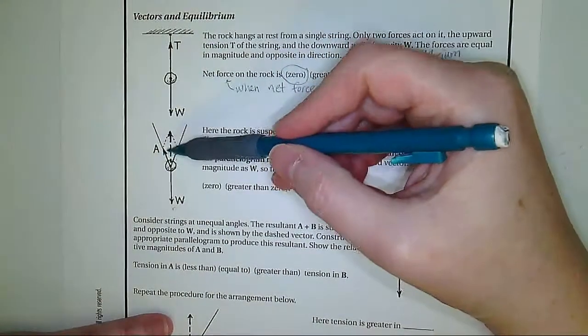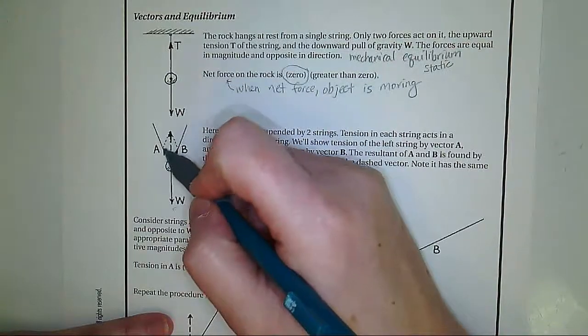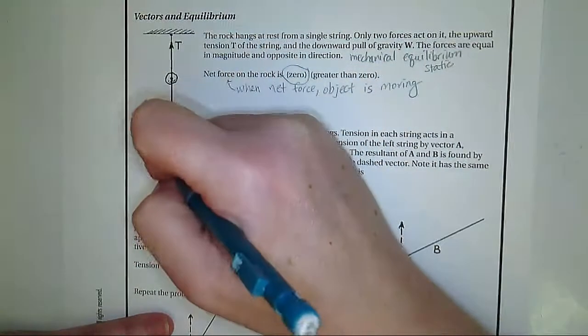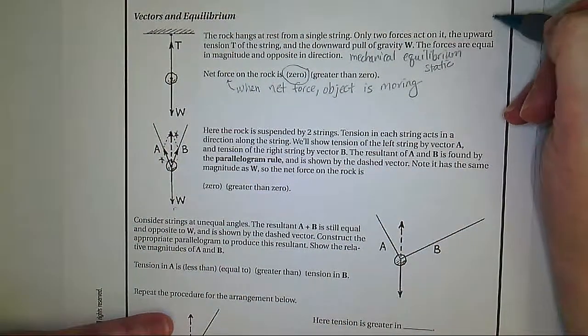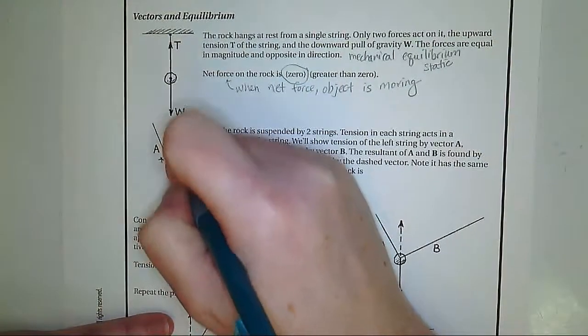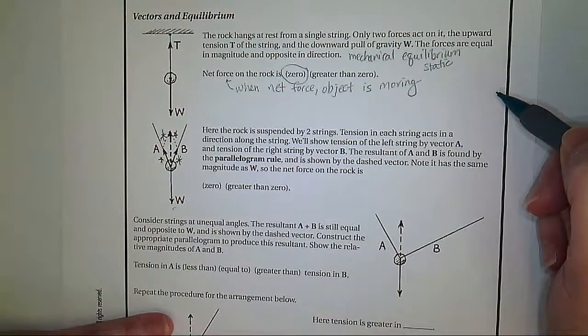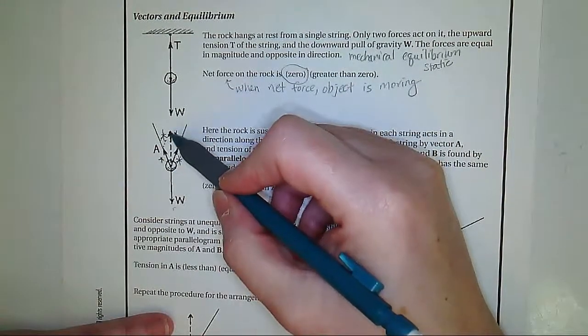So let's talk about how they got this resultant here. Here's A, and so again, I draw this line and I have these 2 lines that are parallel to each other, and I have these 2 lines that are parallel to each other. And then I go from my starting point to my diagonal point, and that is my resultant.